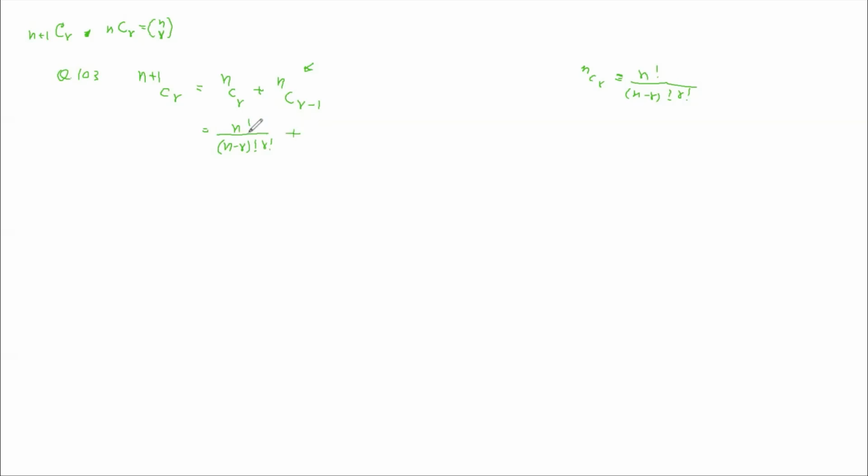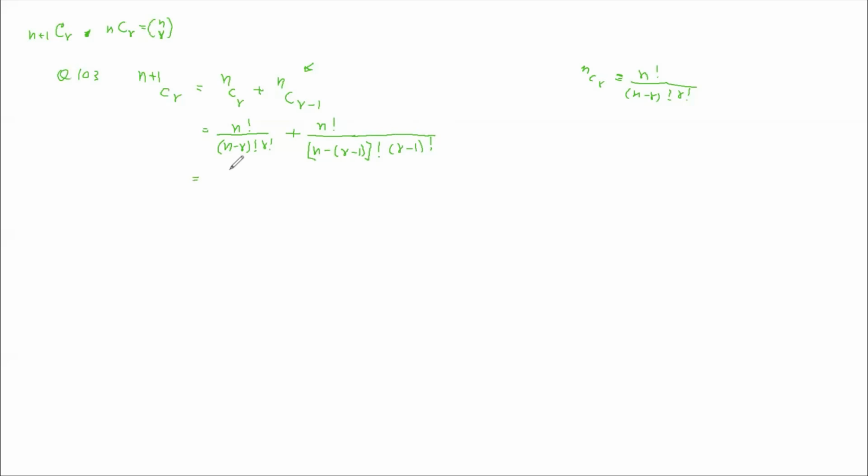Then plus, do again n factorial for the combination formula, over, right now r is r minus 1, so we have (n minus (r minus 1)) factorial times (r minus 1) factorial.